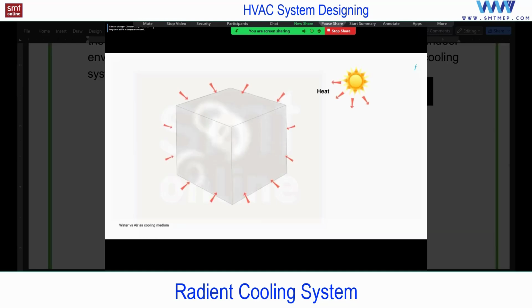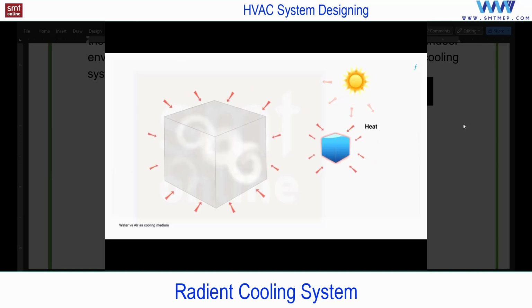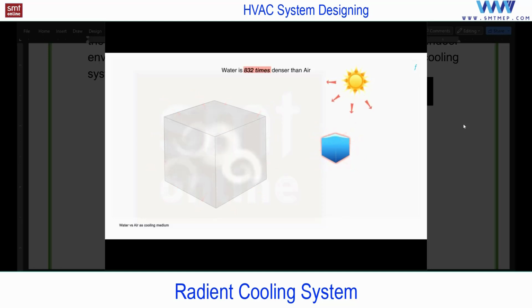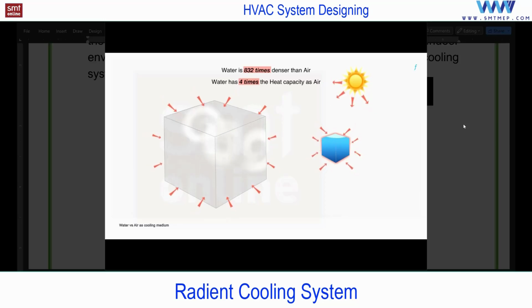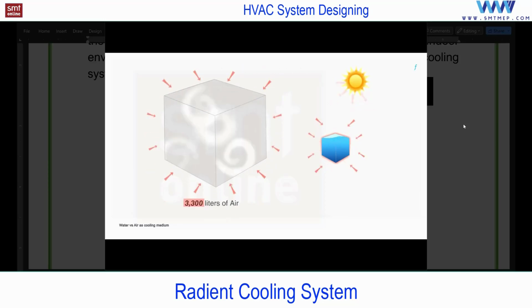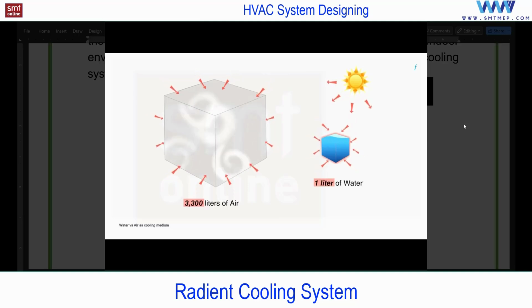Most current systems provide cooling by air. However, water can be an alternative to air in a lot of applications. Let's see how air compares with water as a cooling medium. Water is 832 times denser than air and has approximately 4 times the heat capacity of air. Effectively, one must circulate 3,300 liters of air as opposed to 1 liter of water to absorb the same amount of heat.